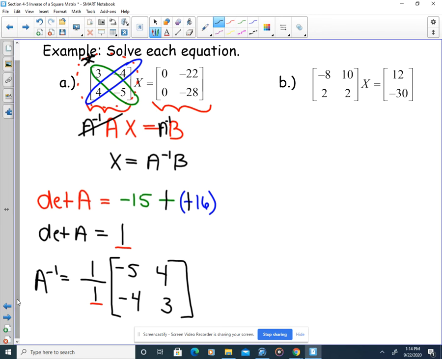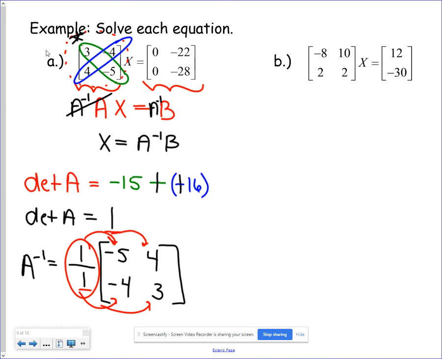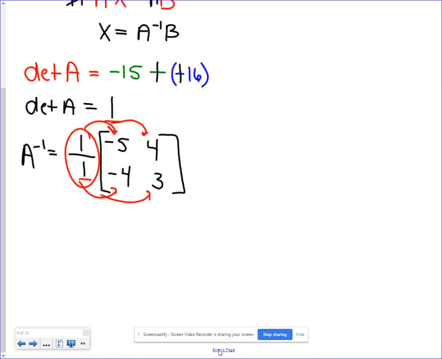So the inverse for this problem will be 1 over 1, which is just 1. So I'm going to multiply all of these by 1, and nothing happens. It stays the same. So this is my inverse.